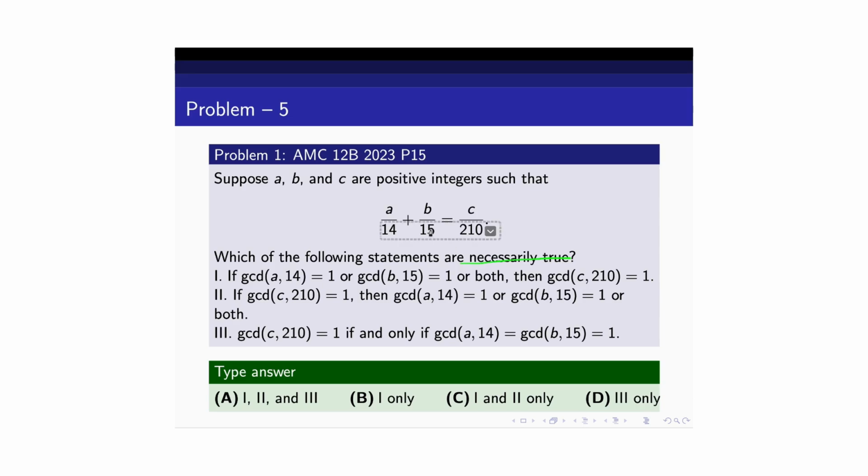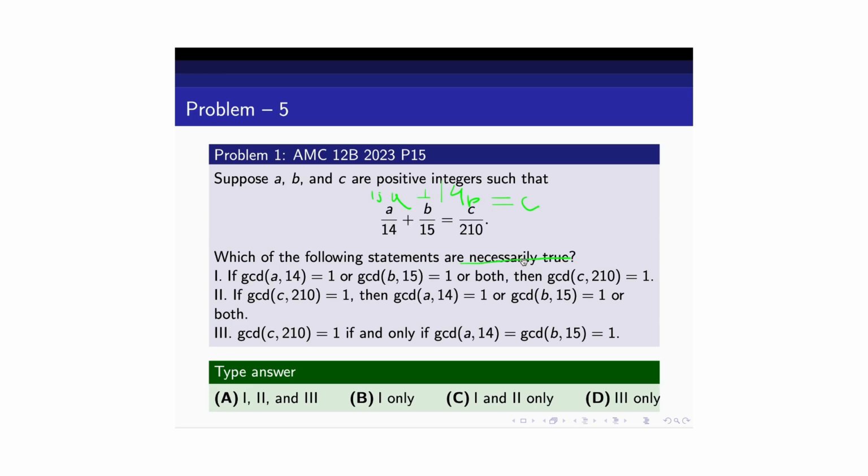But knowing this, we can just compute: 15a plus 14b is equal to c. So in this case, I don't think the GCD really counts here by Bézout's lemma. It can't really be one, but this can apply.